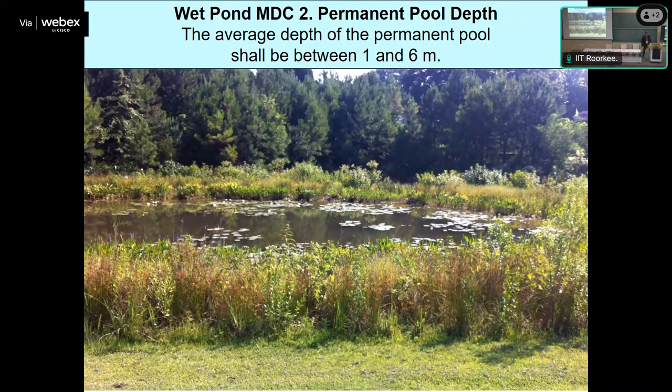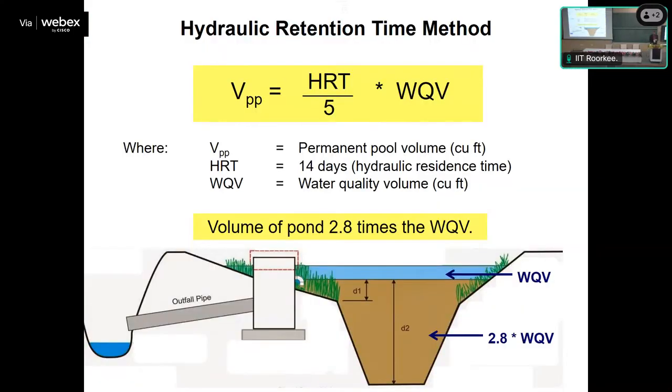The average depth is allowed to range between 1 and 6 meters, okay? Now a lot of people are like, oh, well, let me divide my water quality volume by 6 meters, and what have you done to the size of your pond? If you know your volume is 2.8 times the water quality volume, and you divide that, so that's the volume.